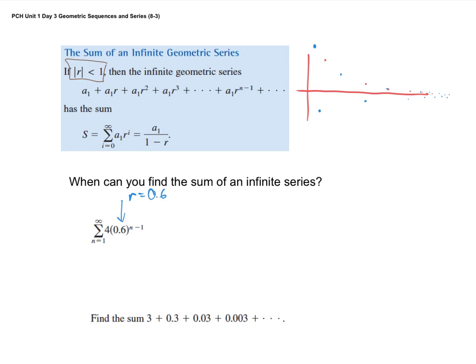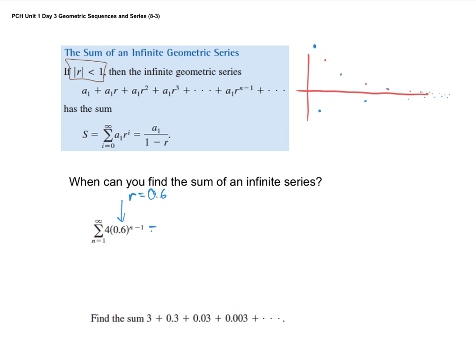Notice our formula is the sum from i equals 0 to infinity. This problem starts at n equals 1, right? So if we use the formula, we're going to have one too many terms.